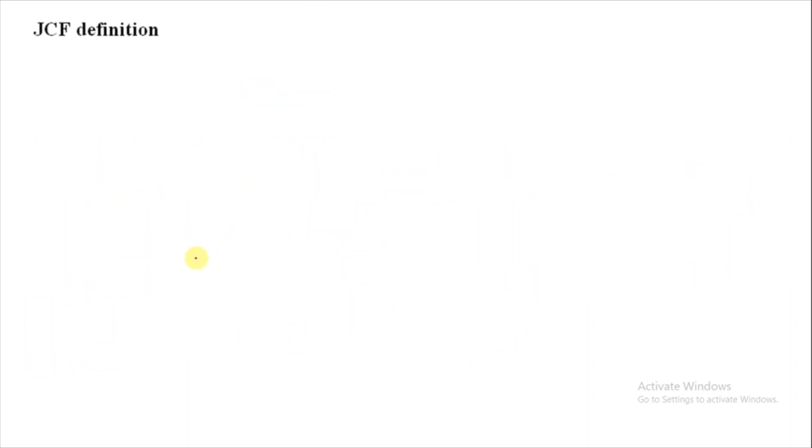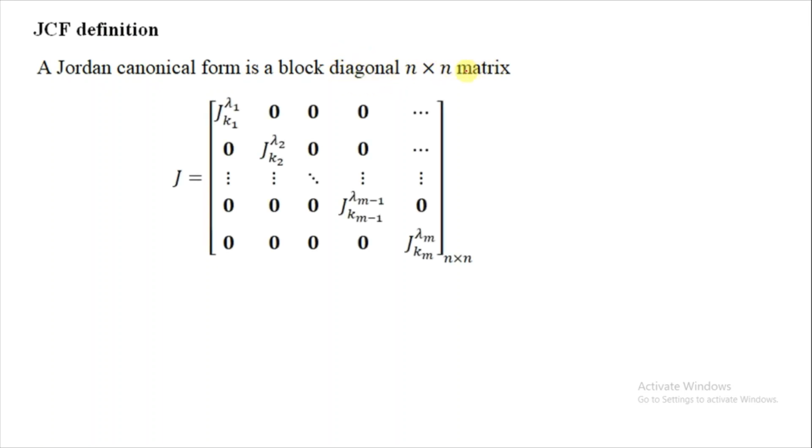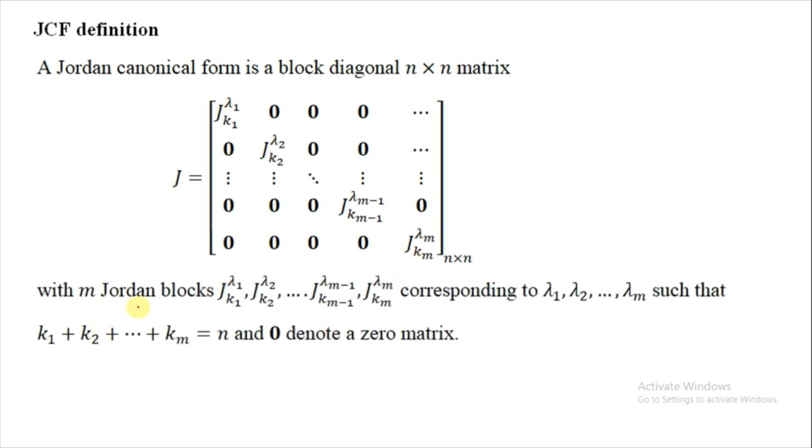Now, Jordan canonical form. What is the definition? A Jordan canonical form is a block diagonal n by n matrix. J is block diagonal, and these diagonal blocks are Jordan blocks: J_{k1}(lambda 1), J_{k2}(lambda 2), and so on.